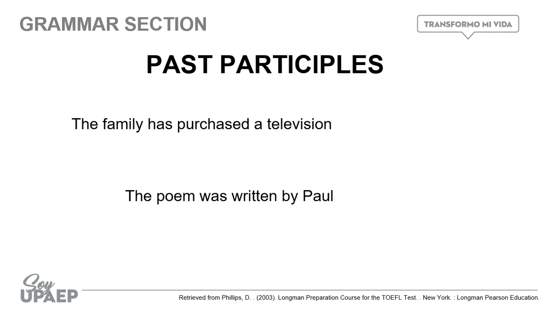In the first sentence, we can identify that the family is the subject and the verb is has purchased. Okay? So, in this case, the past participle is purchased and it is part of the verb because it is preceded by has. So, this makes a present perfect sentence. In the second case, the subject is the poem and the verb is was written.